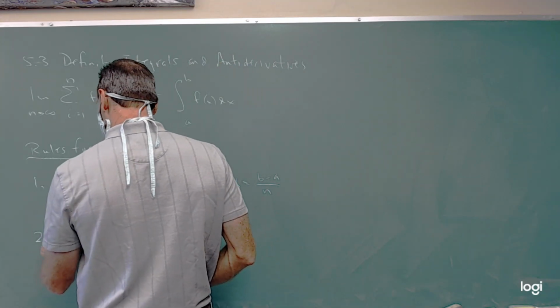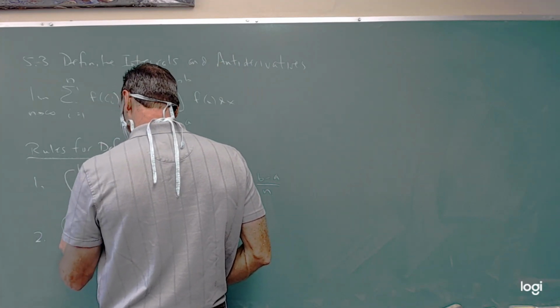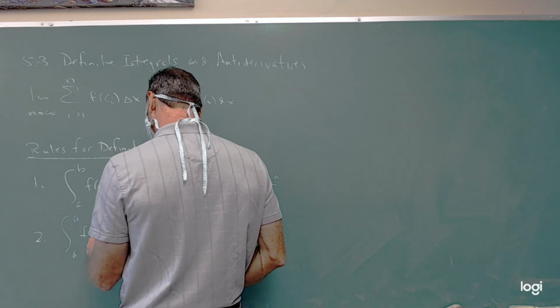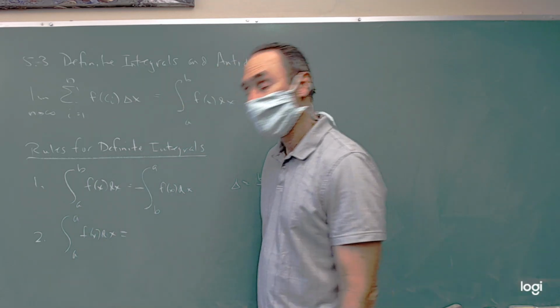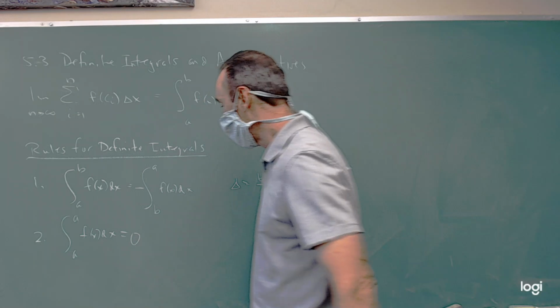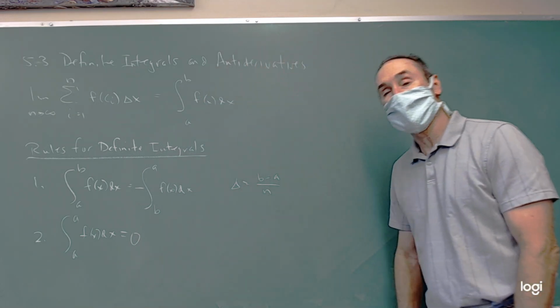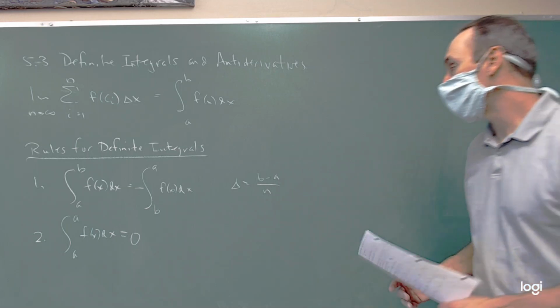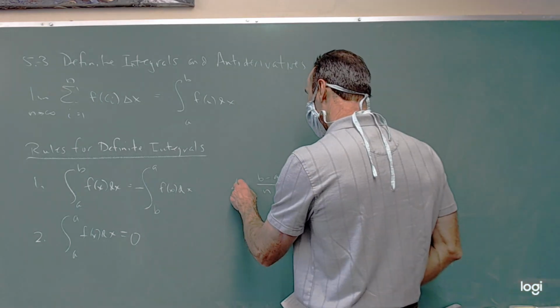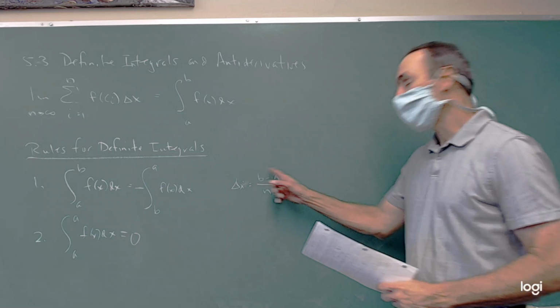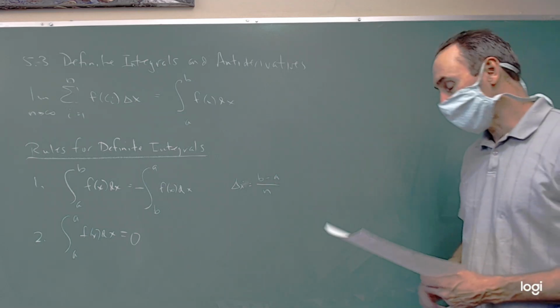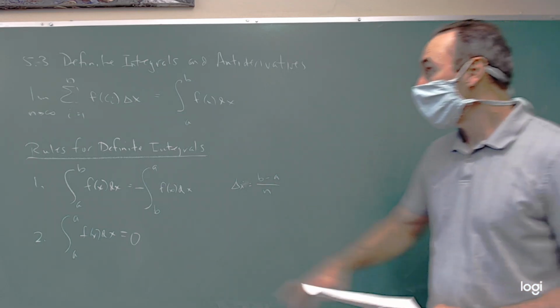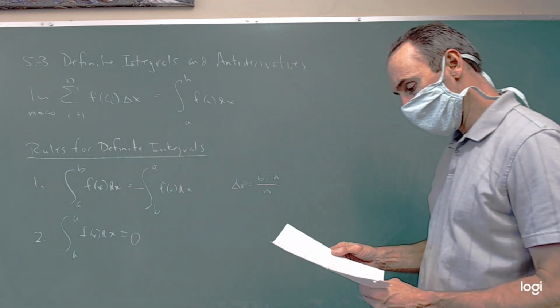Similarly, we know that the integral from a to a of anything is 0, because it's the area under the curve of a single point, or again, the way we define our delta x is by taking the upper limit minus the lower limit divided by n, and that's going to be 0. And so we're just adding a bunch of zeros.